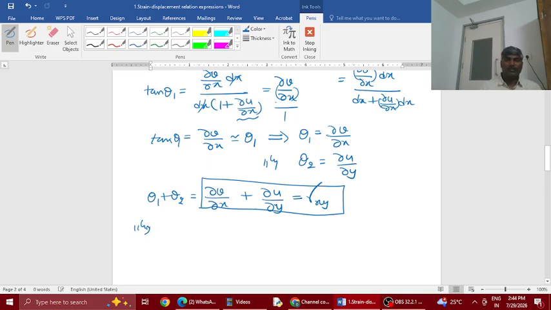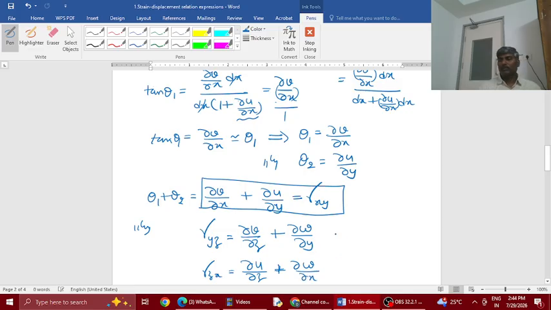Similarly, for other planes also you can generate, like gamma yz: dou v by dou z plus dou w by dou y. Gamma zx you want to generate: dou u by dou z plus dou w by dou x.